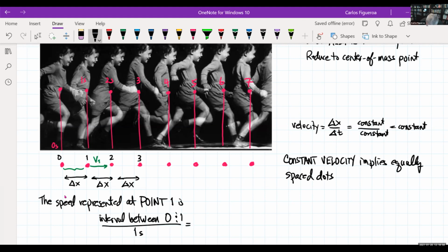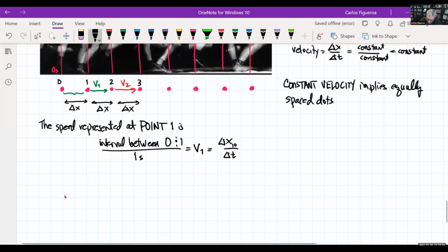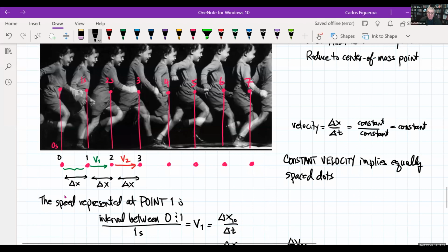So this is speed 1. When I look at speed 2, speed 2 is represented by the interval between 1 and 2. If I was to write this, I would write it like this. This should be the interval between 1 and 0. For 2, it should be the interval between 2 and 1. And then v3 should be between 3 and 2, and so on.